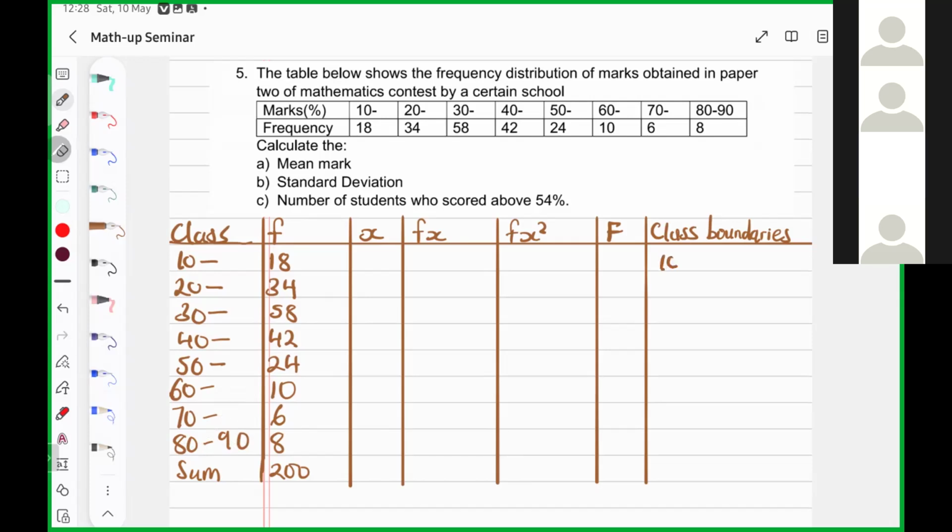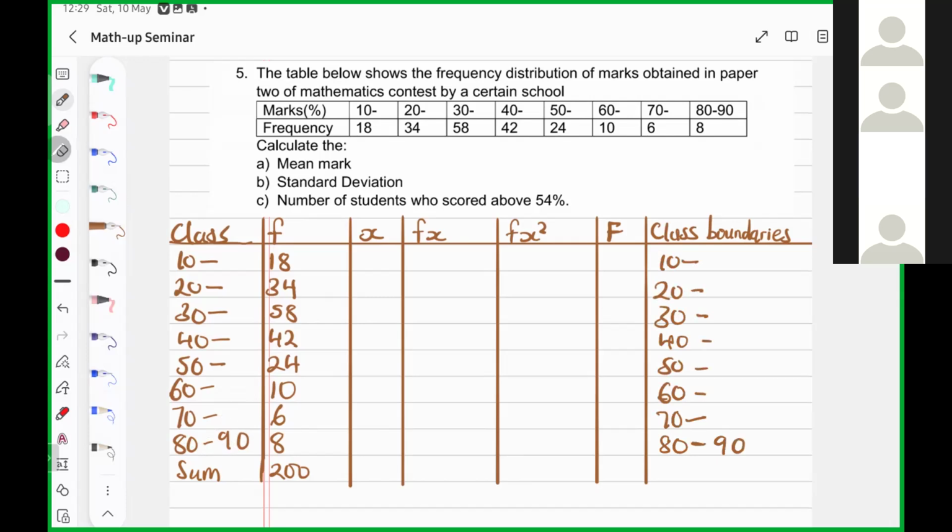Okay, we have 10, 20, then 30, 40, 50, 60, 70, then 80.